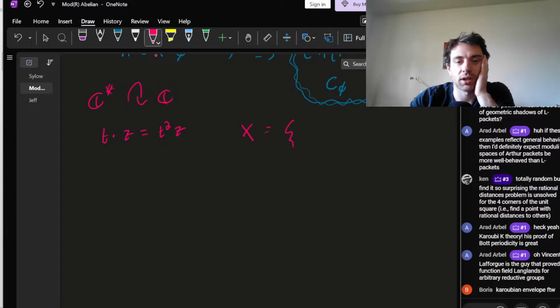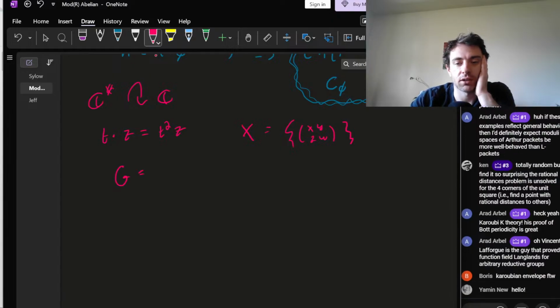So I'm going to look at all 2x2 matrices, and the group G acting on it is going to be GL2 cross GL2.